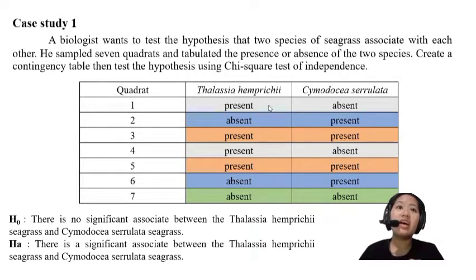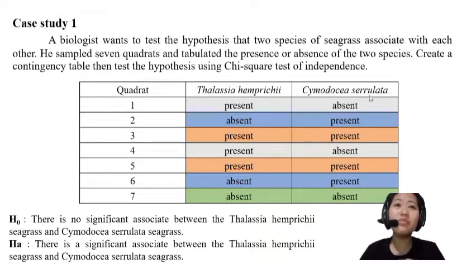So first, to make a contingency table, we must count how many are present or absent for each seagrass: present-present, present-absent, absent-present, and absent-absent.